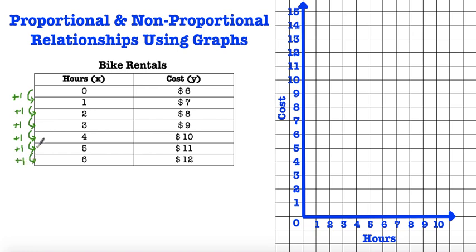And then if we look to our y's, which is our cost, we see that our cost is actually increasing by $1 each time. So as the hour increases by 1, our cost is increasing by $1.